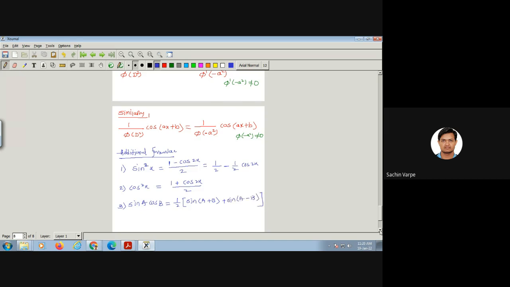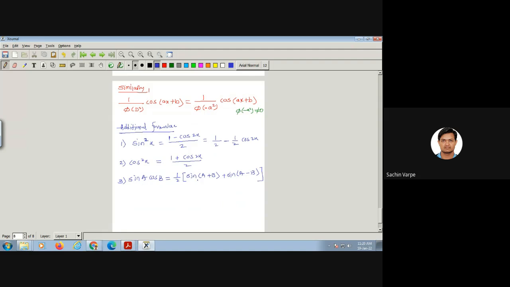So in this way, we can convert the product into linear sine. Similarly, sine a sine b is half of cos of a minus b minus cos of a plus b. Please correct me if I'm wrong.